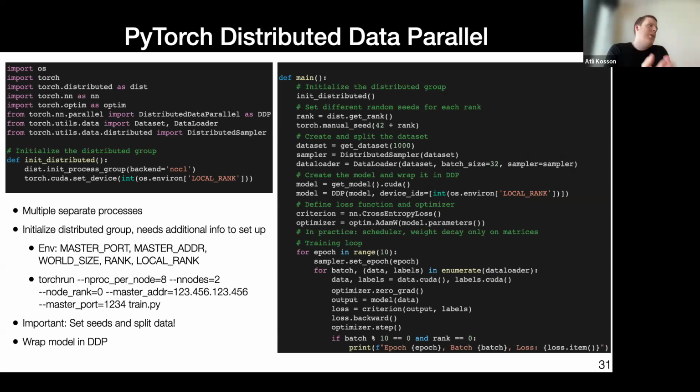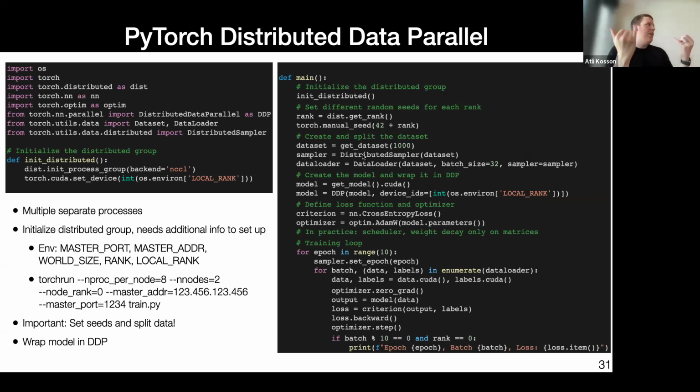This will hurt you when you do random operations like augmentations. All the GPUs will be using the same dropout mask, the same random augmentations, but you don't want that in practice. In practice, you set a manual seed, and you offset it by the rank of the process.